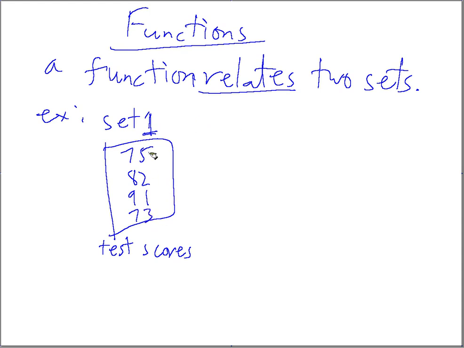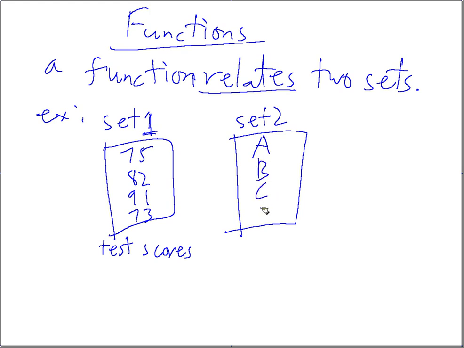All right. And so I'm gonna map these numbers in the first set to letter grades in the second set. So set 2 will be the letter grades. Obviously, we have A, B, C, D, and F, which I'm leaving off here. So let's go ahead and call these grades.